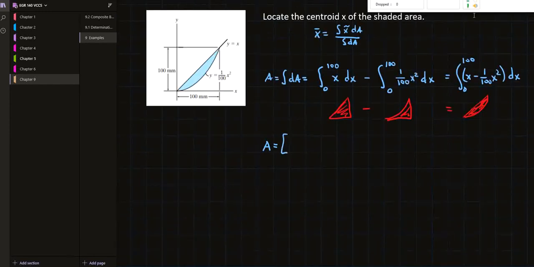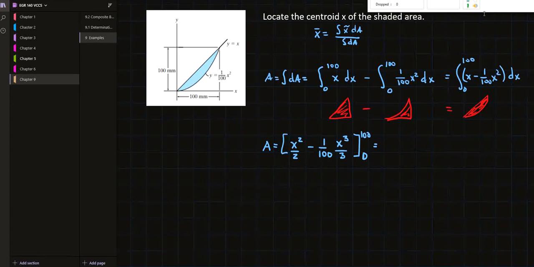So this now is x squared over 2 minus 1 over 100 x cubed over 3, evaluated from 0 to 100.